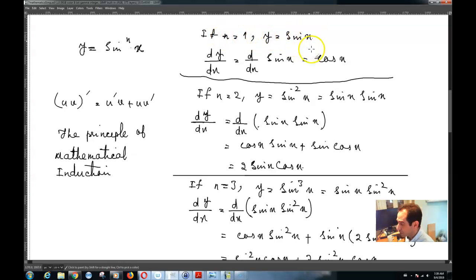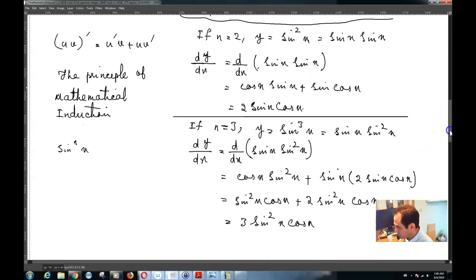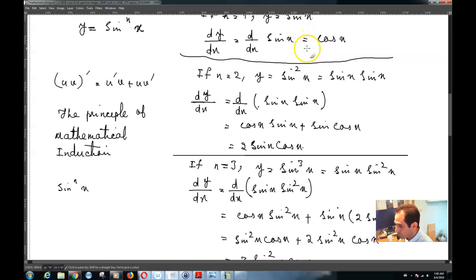So when n is equal to 1, the derivative of sine x is basically cos x. When n is equal to 2, the derivative of sine squared x is 2 times sine x cos x. Right? So you could say that your n comes over here, because there is a 3 over here as well, and a 2 over here and a 1 over here as well.